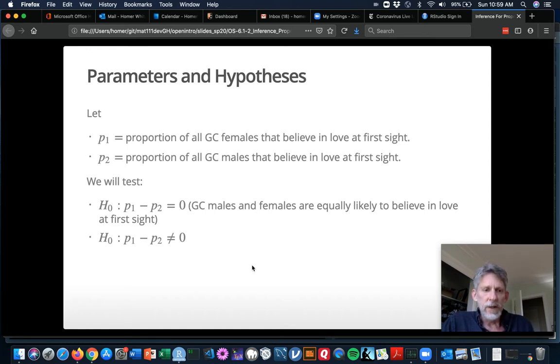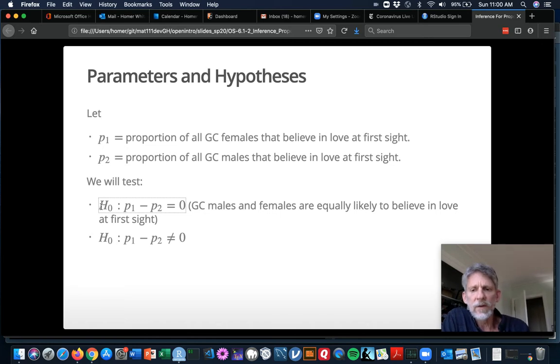But if you think that males and females out in the population are equally likely to believe in love at first sight, then you would think that P1 is equal to P2. And a way of expressing that belief is that the difference between P1 and P2, P1 minus P2, equals 0. That's going to be our null hypothesis.